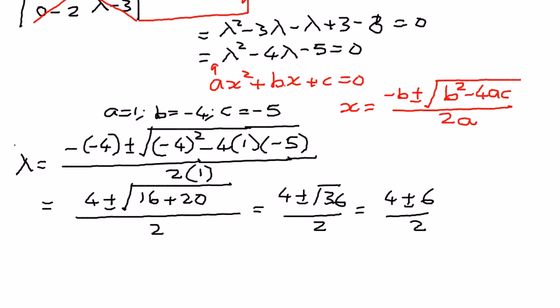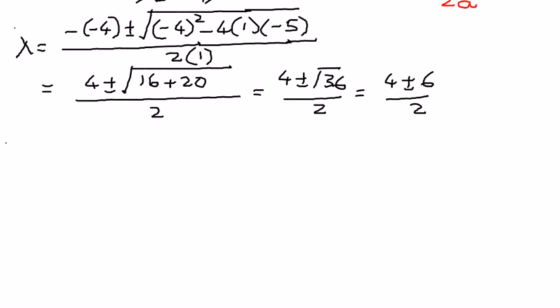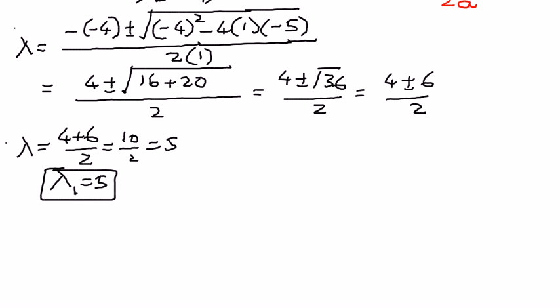Therefore, we have two answers for lambda. The two answers are lambda equals 4 plus 6 divided by 2, which is 10 divided by 2, which is 5. So lambda 1, I'll call that 5. And then lambda 2 is going to be 4 minus 6.